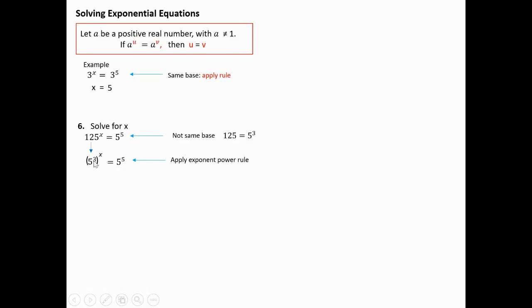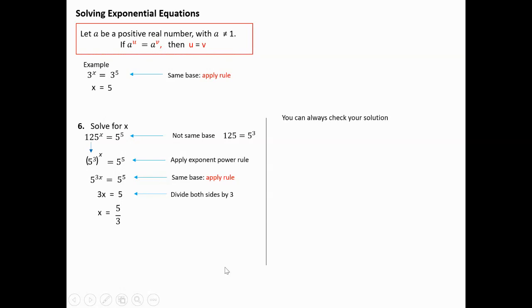A power to a power, we multiply the powers. So it's going to give us 5 to the 3x equals 5 to the 5th power. Now they're the same base, so now we can apply the rule. So 3x equals 5. So the next step is all we do is divide by 3, and x equals 5 over 3.